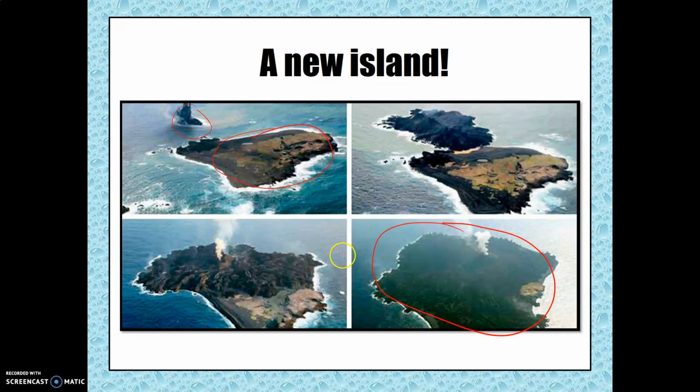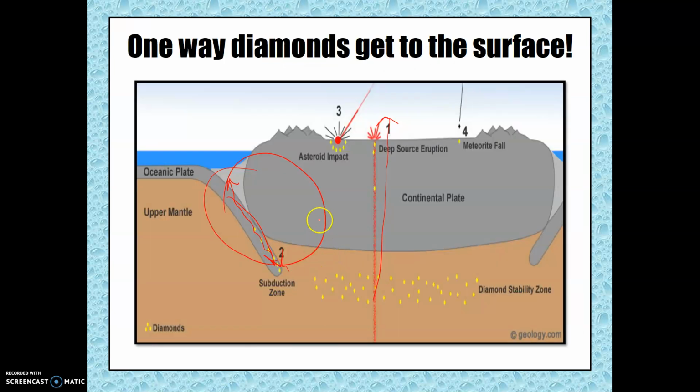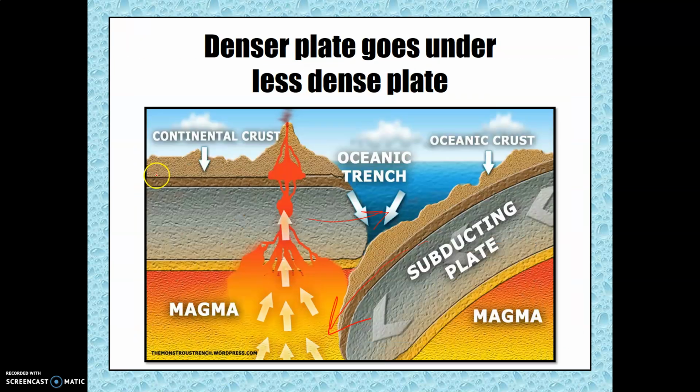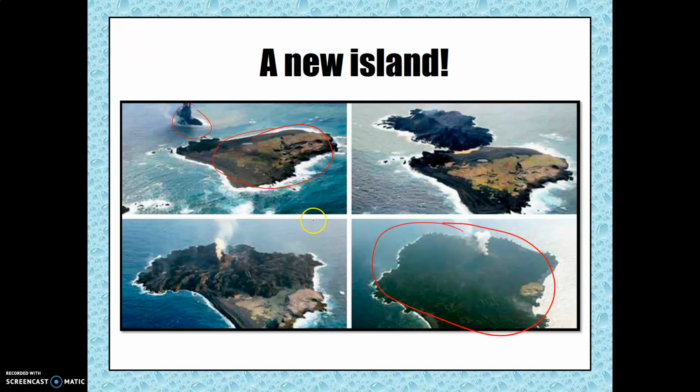And once again, that's due to the fact that the dense plate went under, the less dense plate stayed on top. We ended up with a volcano, and it can really change how the surface of our Earth looks.